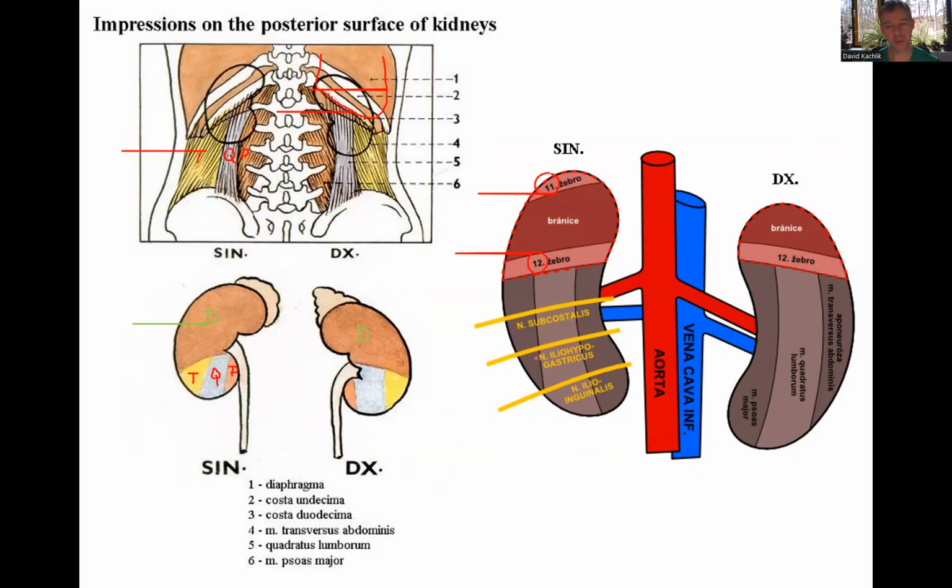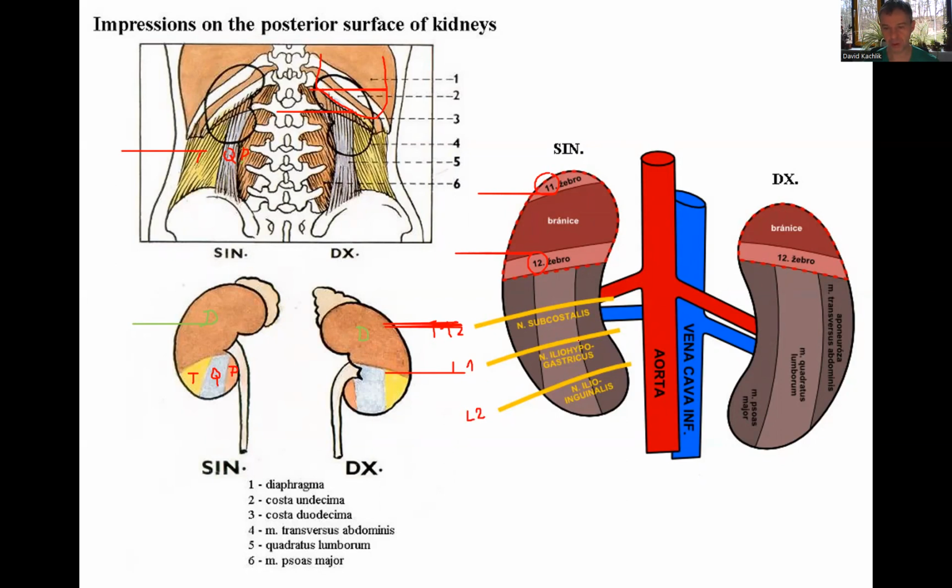And what is again important are connections with peripheral nerves. And it's the last thoracic nerve, so the subcostal, and it's the first lumbar and the second lumbar nerve level.